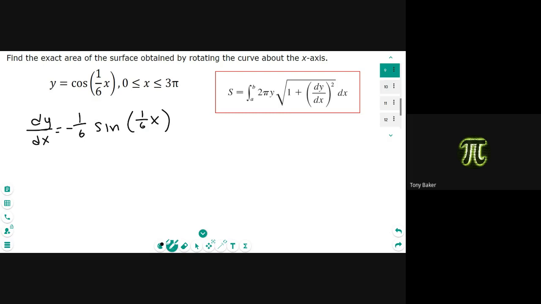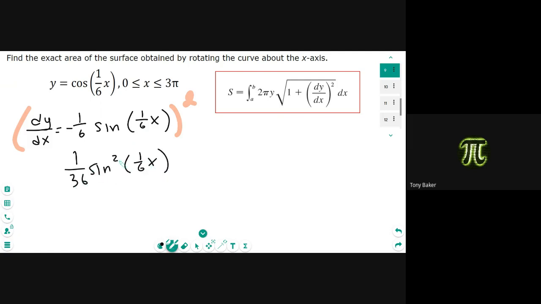Okay. So now we've got to square this. So now we square it, so we get 1/36 sine squared 1/6x.